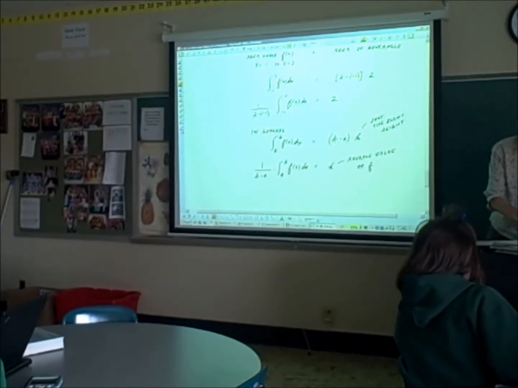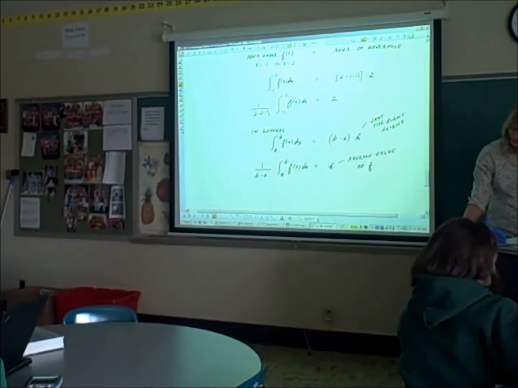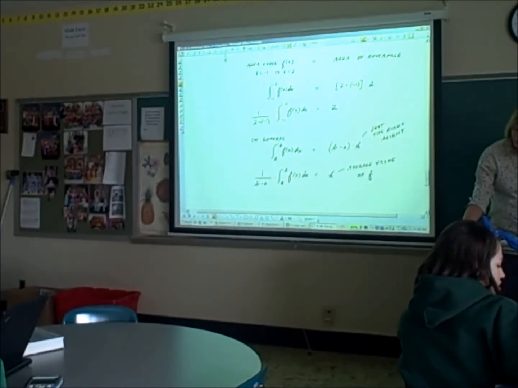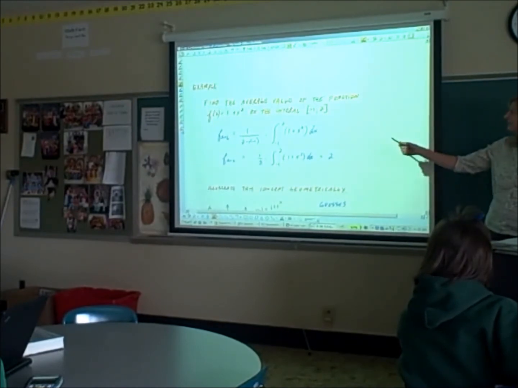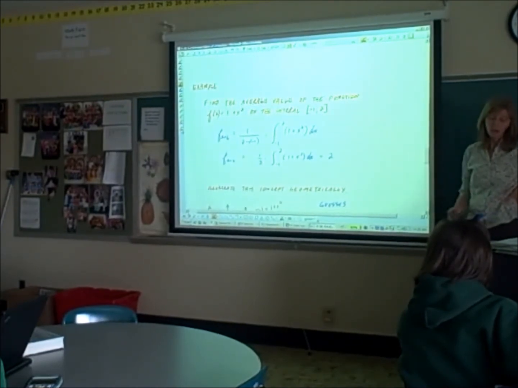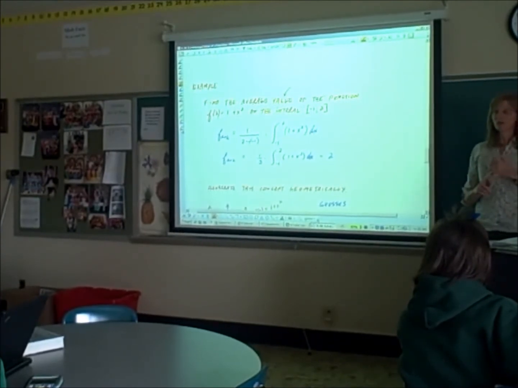Now, how are you going to use these things? Well, when you get a question, more than likely they're going to ask you a question either as simple as this, just find the average value, or they're going to replace this word value with temperature, velocity, anything that they want to find the average of.